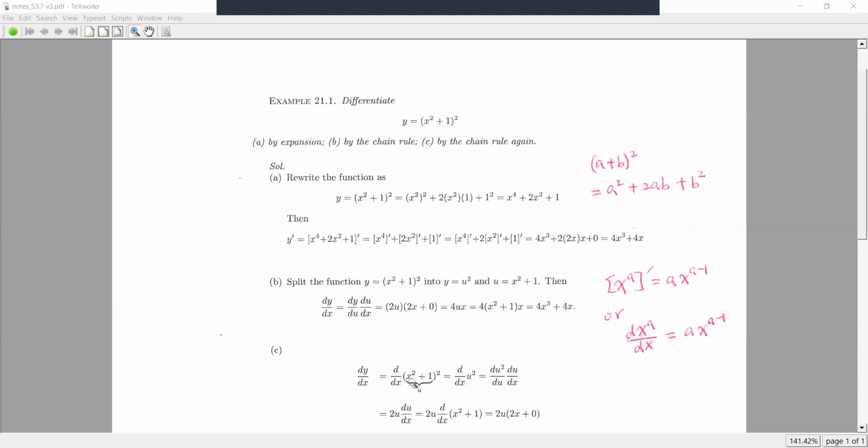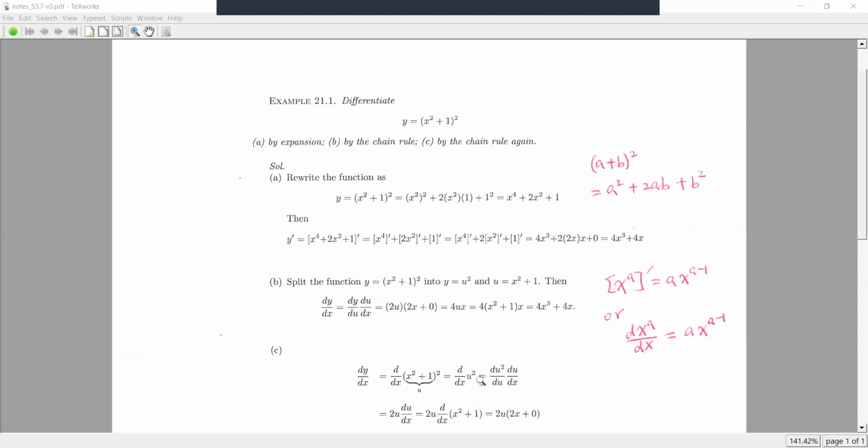The function x squared plus 1, then the whole thing squared, is complicated. Let me simplify this function by introducing an intermediate variable, u. I let u be x squared plus 1, then the function becomes very simple, just u squared.